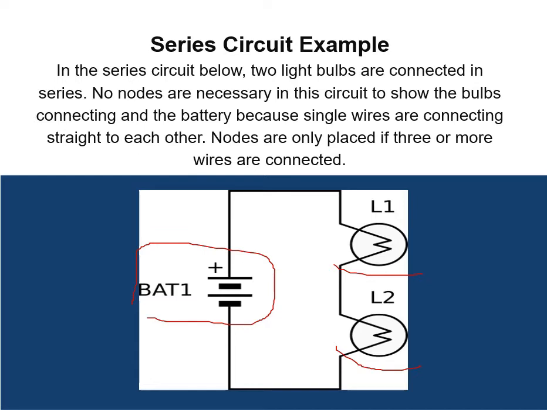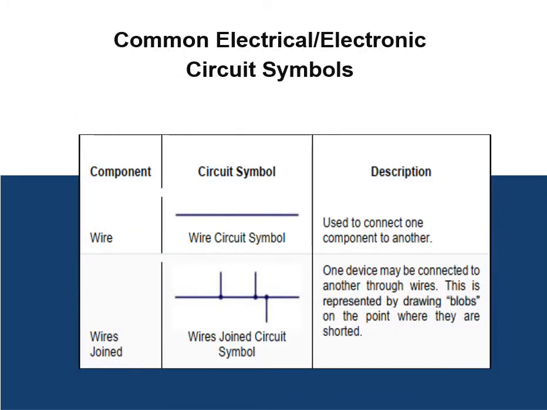Here are other common electrical or electronic circuit symbols. We already discussed earlier that this is the wire used to connect one component to another. We also have wires joined, if you remember our parallel circuit.